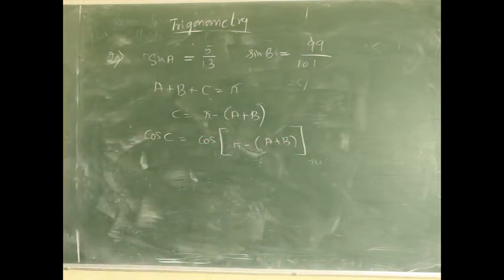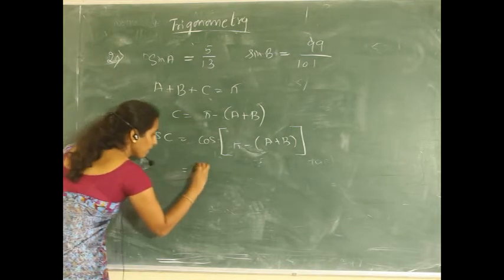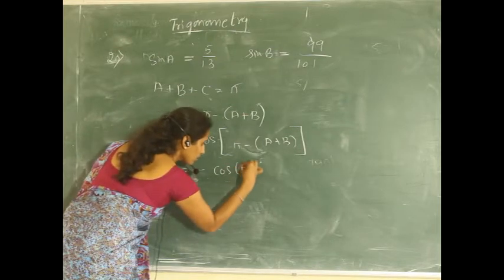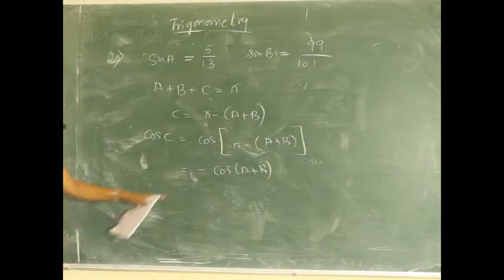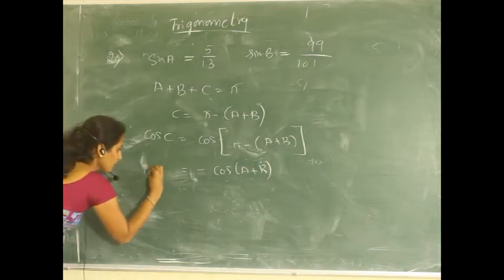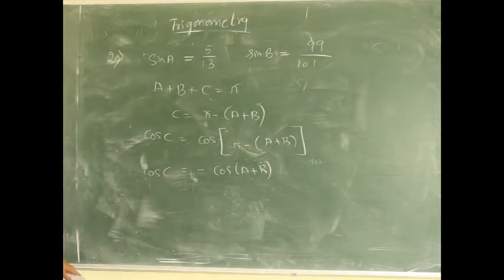Pi minus an angle is in the second quadrant, and in the second quadrant cos will be negative. So this is equal to minus cos (A plus B).